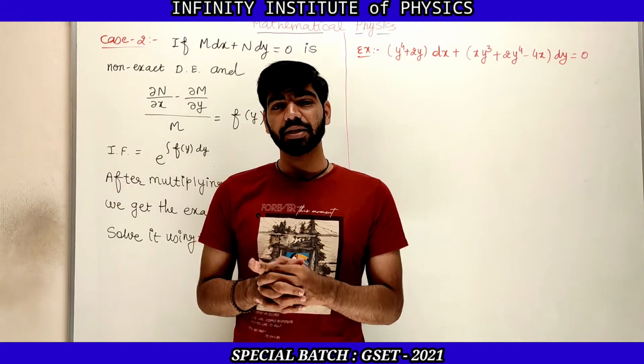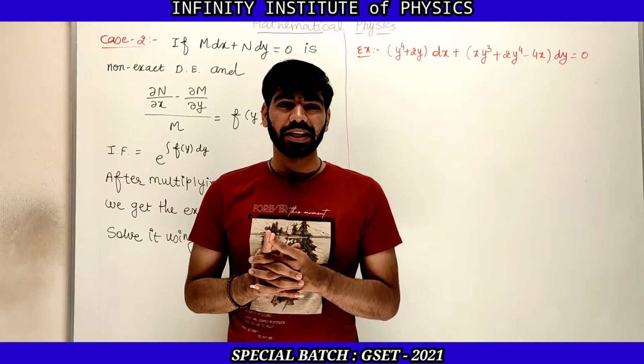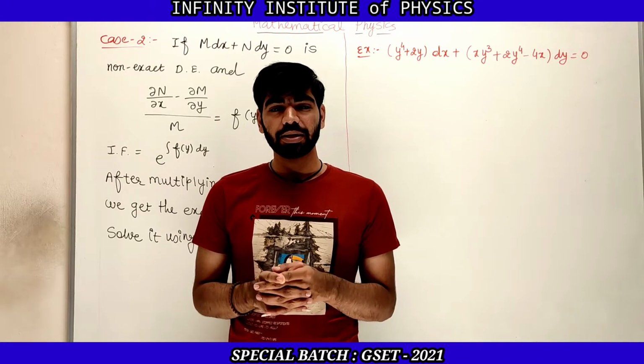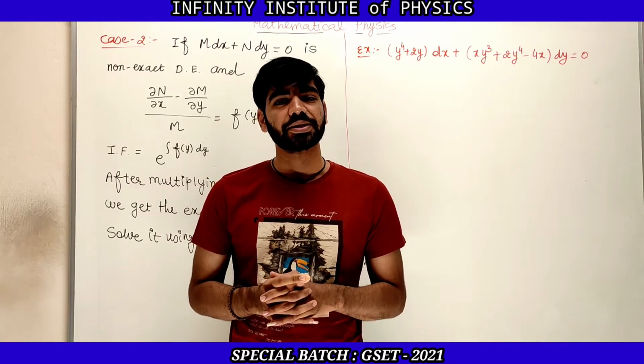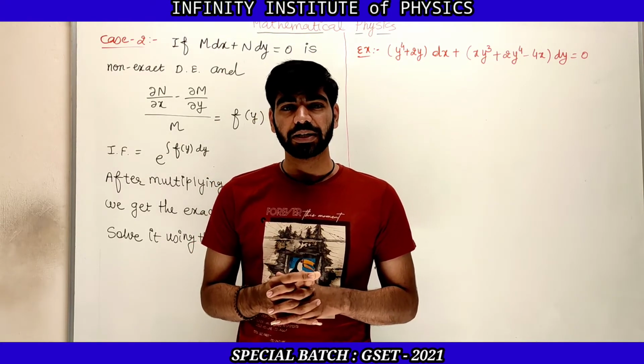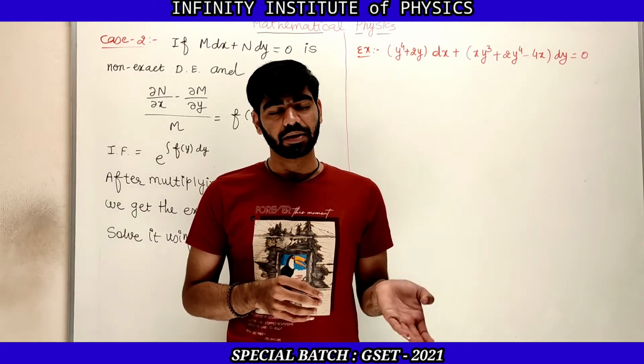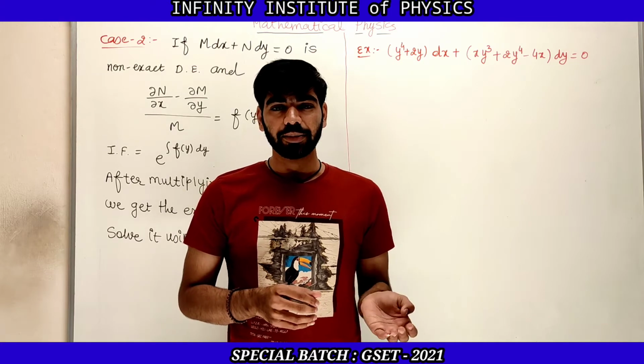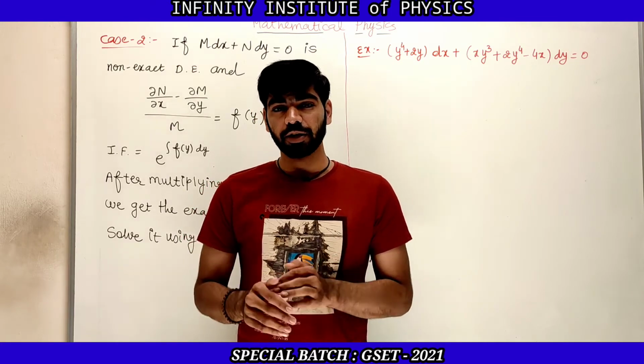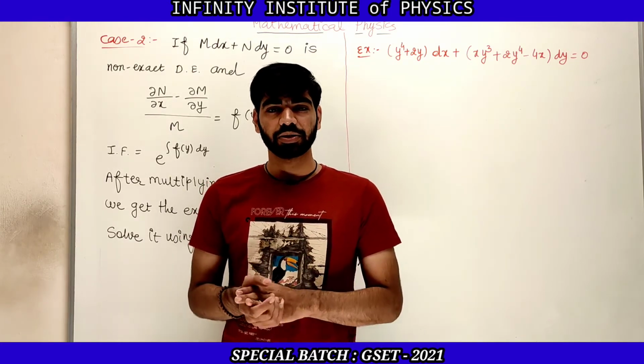Then we can say it is homogeneous, and we can solve it using variable separable by considering y is equal to vx. So that is not a case of variable separable, but we can use the method of variable separable to solve the homogeneous equation.